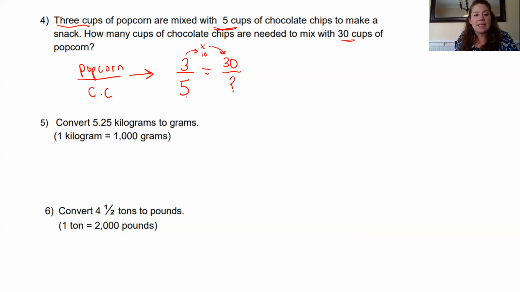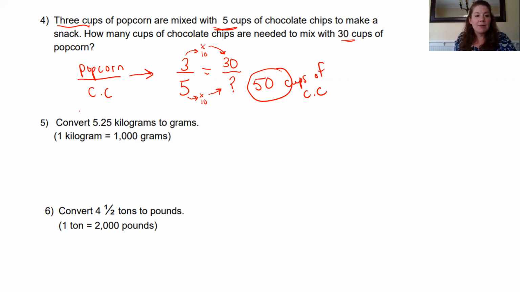And it will be equivalent if I do the same thing to the denominator. If I multiply 5 times 10, I'm going to get 50. I know 3 to 5 is equivalent to 30 to 50, so that is the right answer. 50 cups of chocolate chips. Okay.